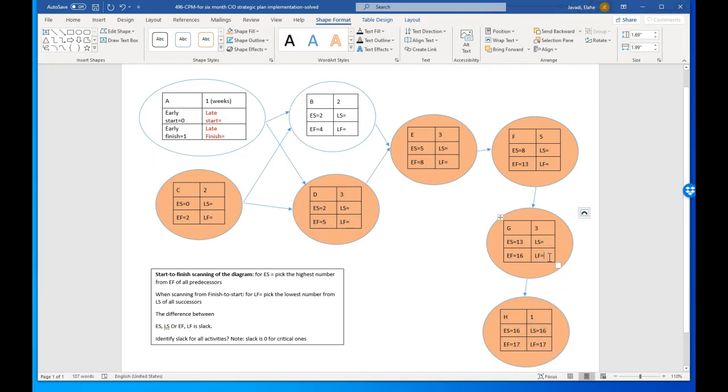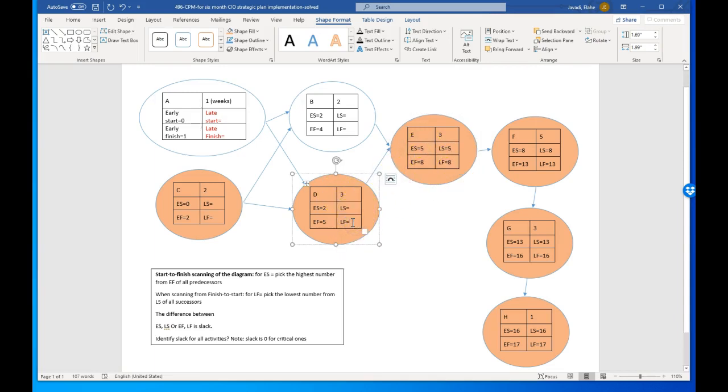The latest this one can finish is 16. 16 minus 3, 13. The latest the next one can start is 13. 13 minus 5, 8. Late finish of this one is the latest start of the other, 8. 8 minus 3, 5. The numbers are still the same.